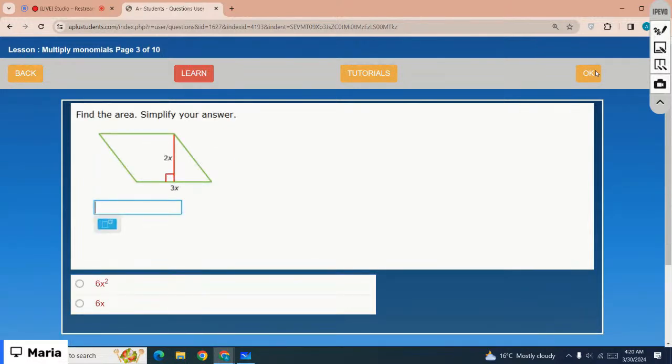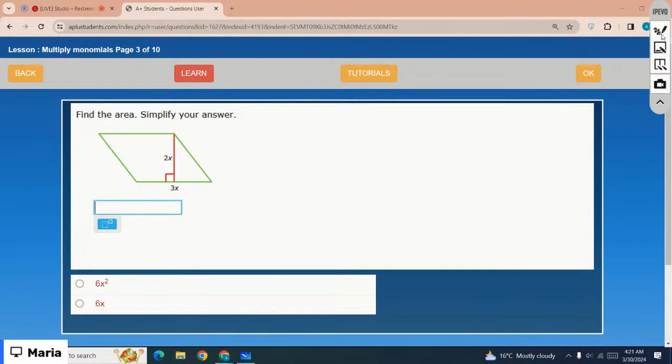Okay, the next one is what is the area, which is the correct option. Okay, so you need to calculate the area.